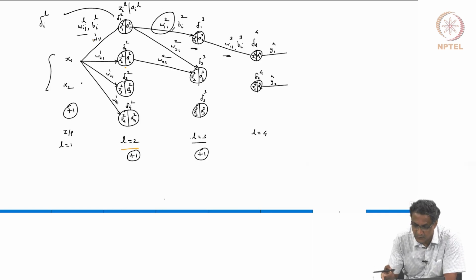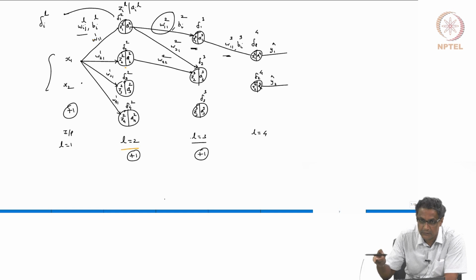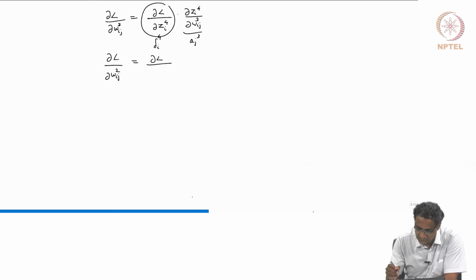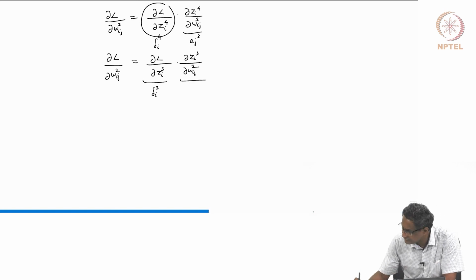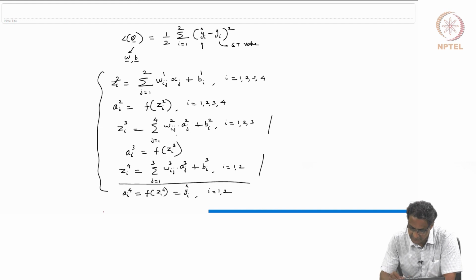So now we are looking at ∂L by ∂Wij2, and you can write that as ∂L by ∂Zi3 into ∂Zi3 by ∂Wij2. By notation, this will become delta I3. If you watch this equation, Zi3 is here, and if you take the derivative with respect to Wij2, you will get Aj2. Therefore this becomes Aj2.